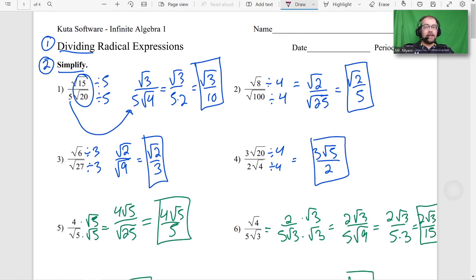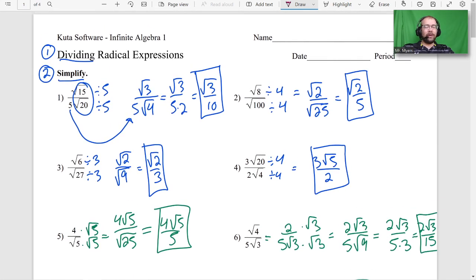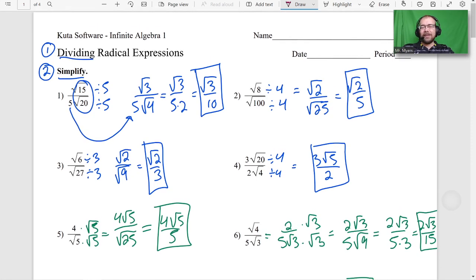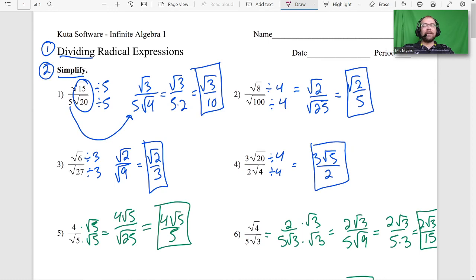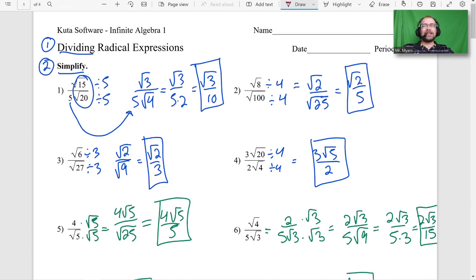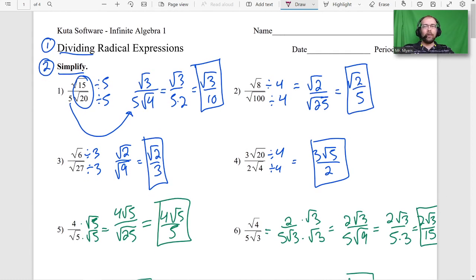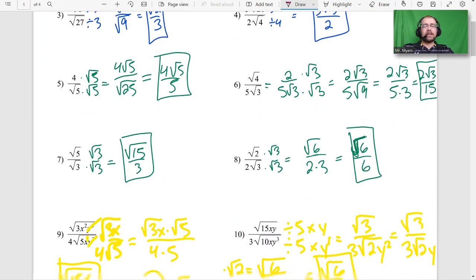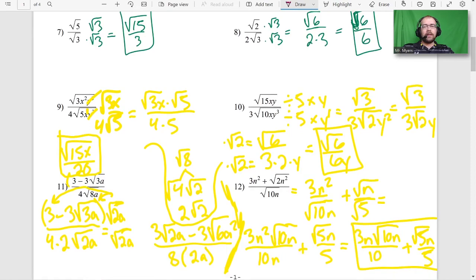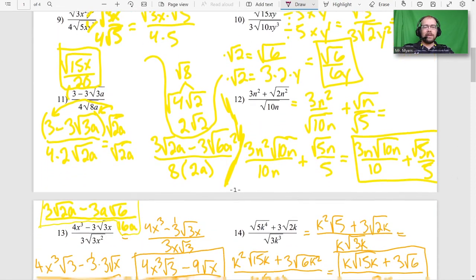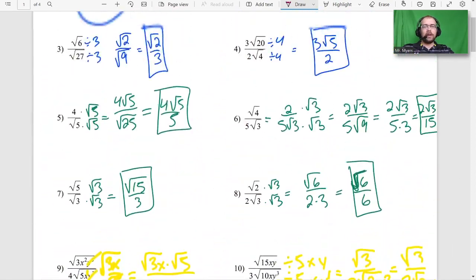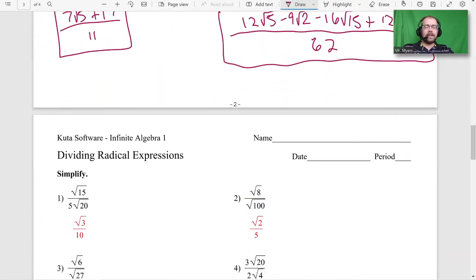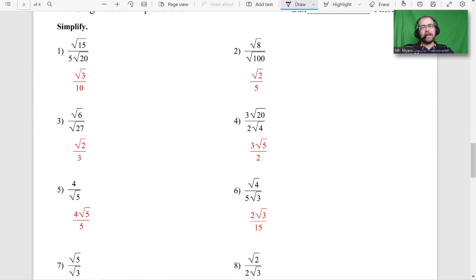So if your teacher is a crazy person and pays for their own subscription, they might have a worksheet where you don't have the answers included, but all the ones that teachers pull from online, which is like 95% of teachers, they pull from these Kuta worksheets online. They have the answers in them. So if you need to check to make sure you're getting the right answer, you don't have to look at one of my videos. You can just do it yourself. You can just Google the title of the worksheet, and it'll come right up. And then scroll down until you start seeing red, because those are the answers.